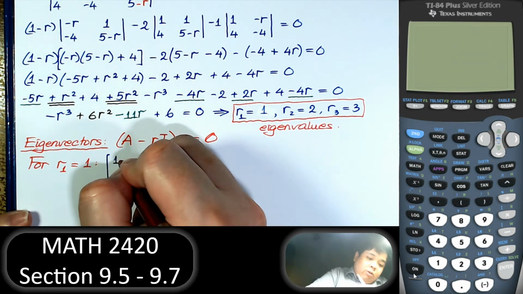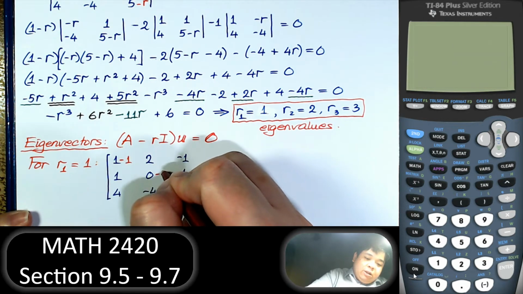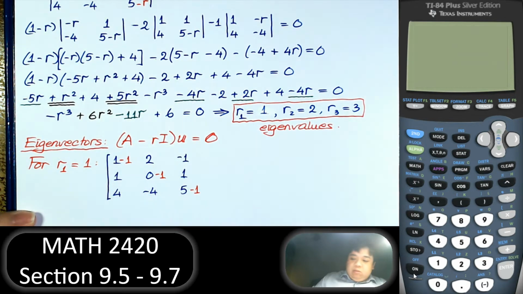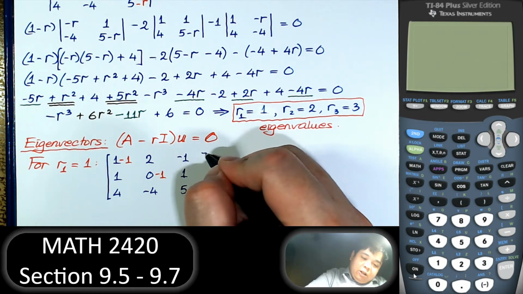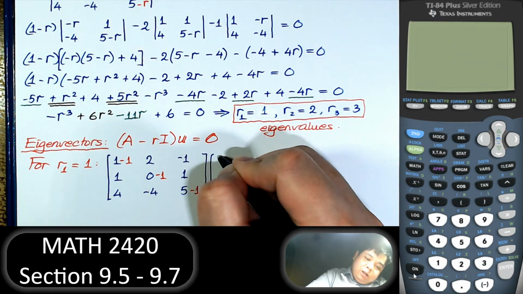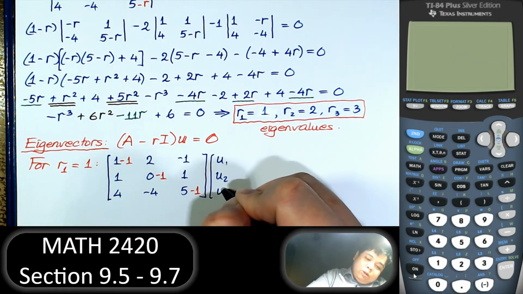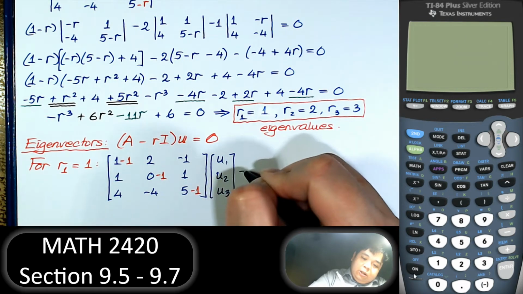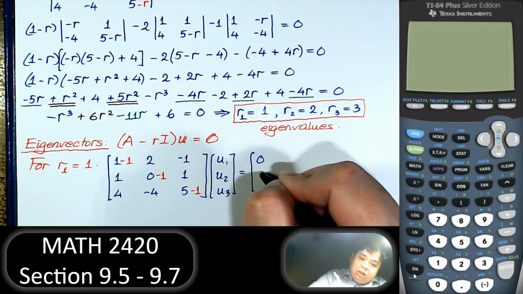I just subtract the eigenvalue on the diagonal. This time the eigenvalue is 1. Multiply by U1, U2, U3 equal to 0, 0, 0.